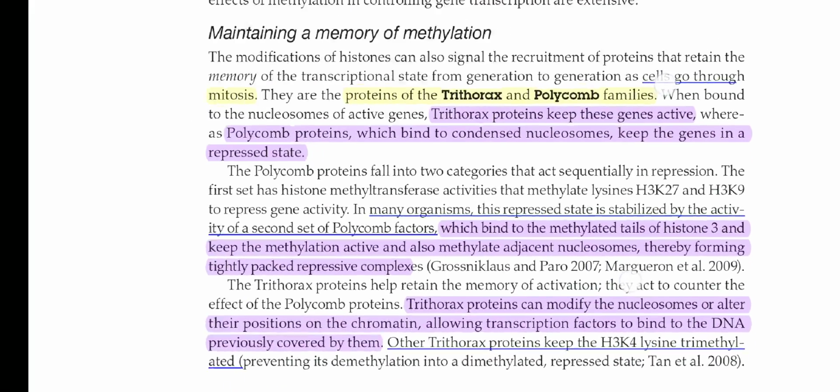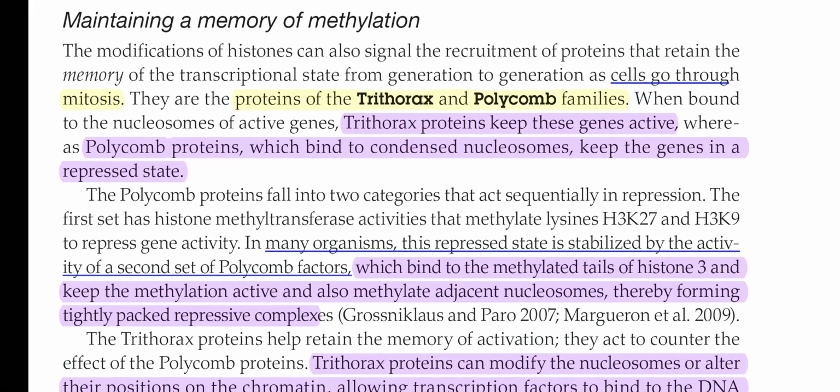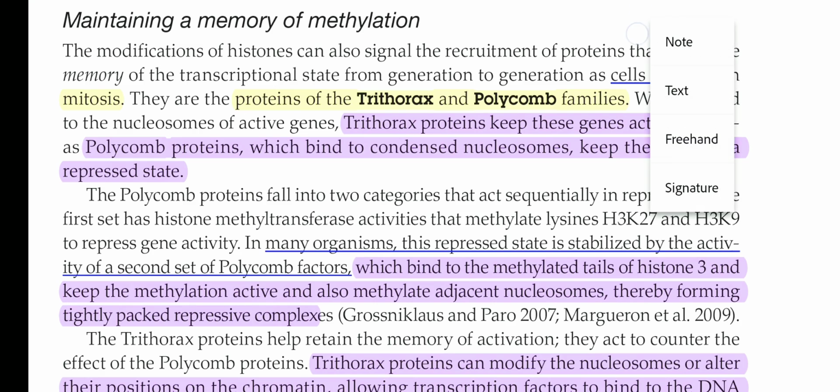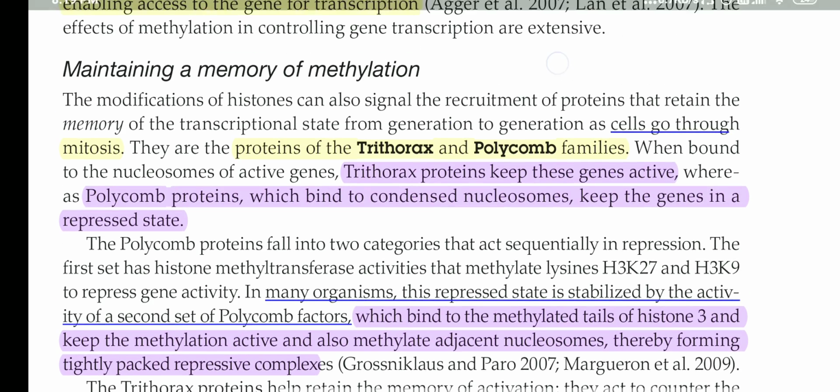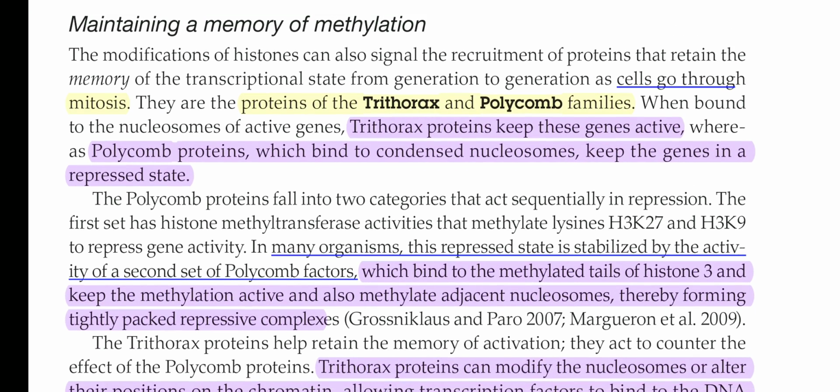Now, one more important thing is the maintenance of the memory of methylation. There are two proteins, trithorax and polycomb, and I'm not going very deep here. Remember, trithorax and polycomb act like a memory that can memorize the methylation pattern and keep it.